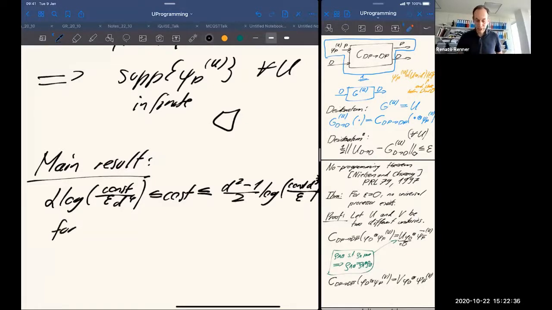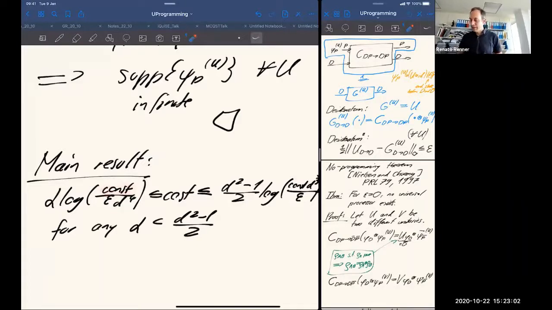And here I just wrote an alpha for any alpha smaller than (d squared minus 1)/2. So what this result tells you essentially is that on the left-hand side, I have something that scales almost with (d squared minus 1)/2. A little bit smaller, so it has to be slightly smaller. Of course, depending on how much smaller it is, you have a different constant here.